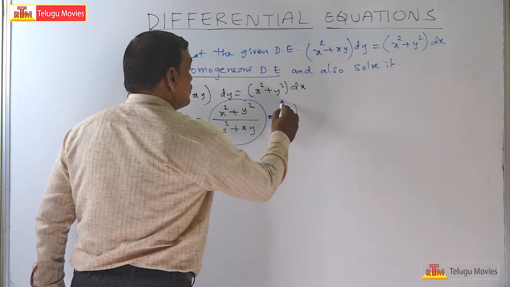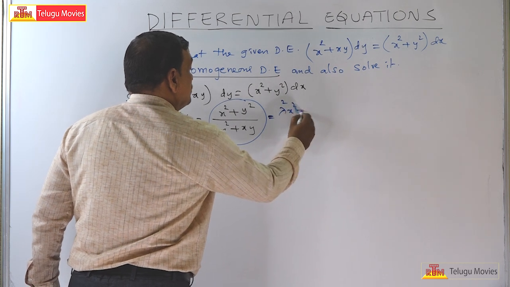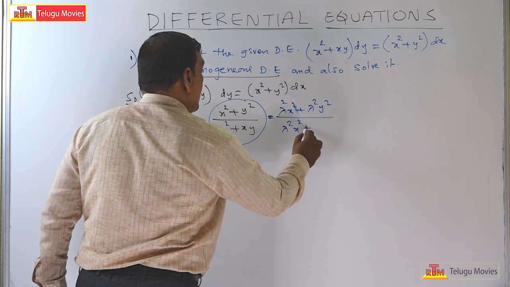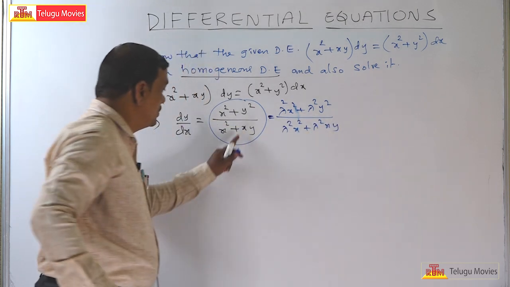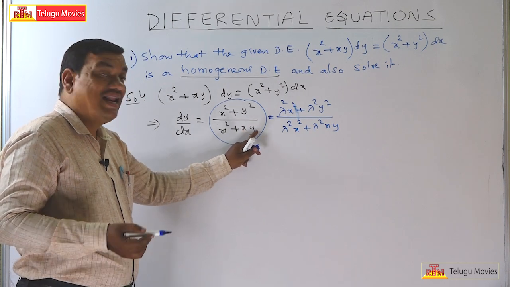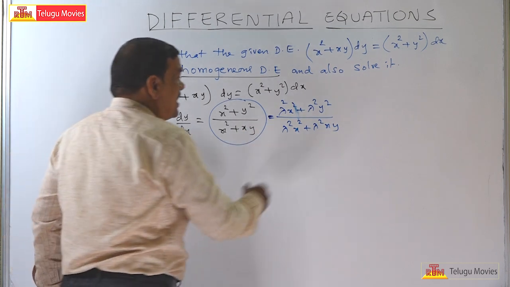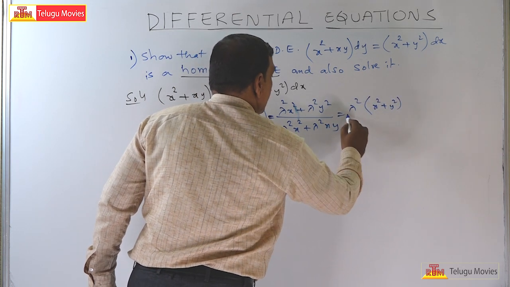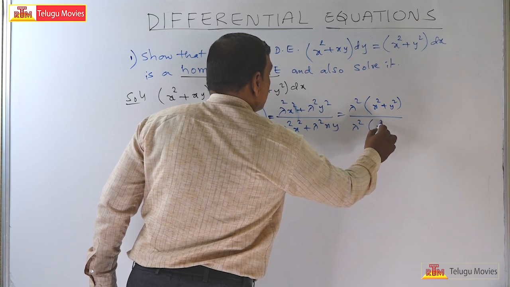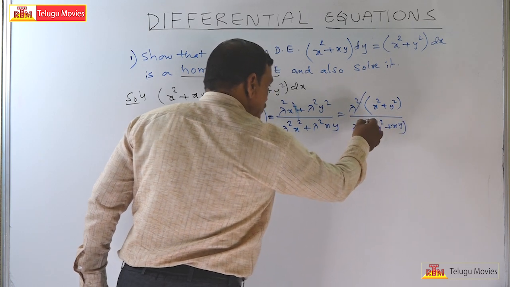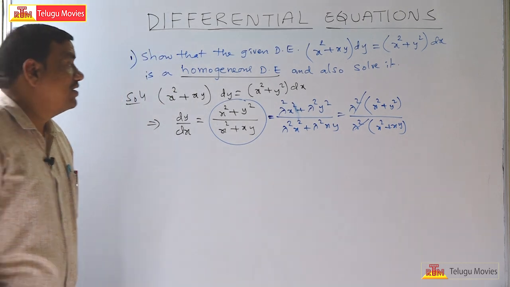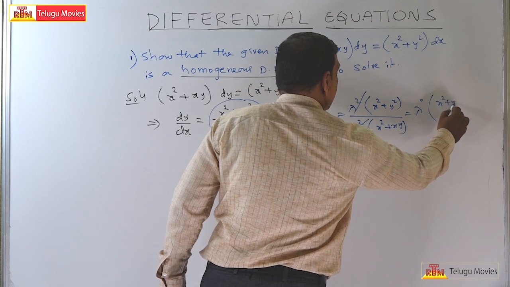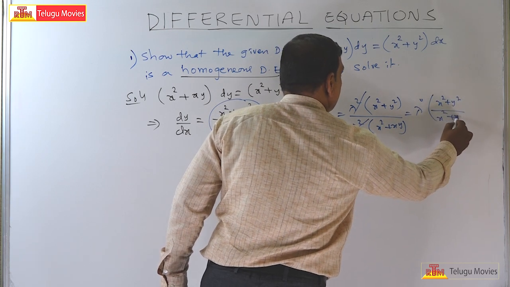So this is (λ²x² + λ²y²)/(λ²x² + λ²xy). Take λ² common outside in the numerator, x² + y², and in the denominator also, x² + xy. λ² gets cancelled. Therefore, what you will get? λ⁰ (x² + y²)/(x² + xy).